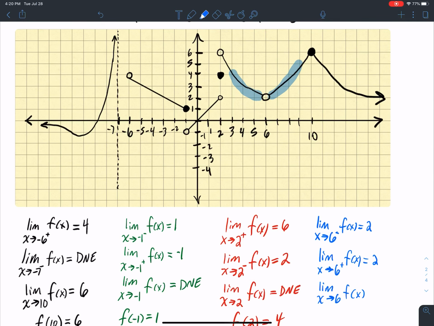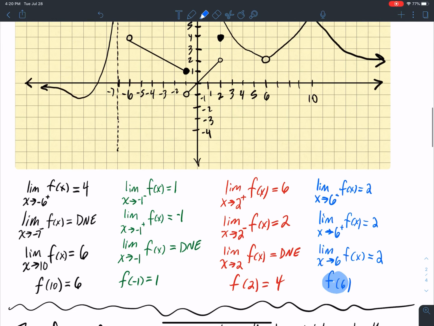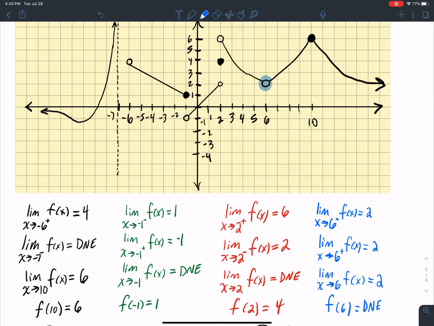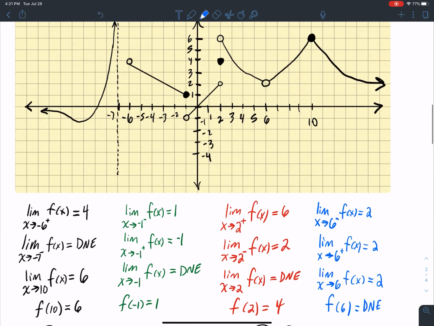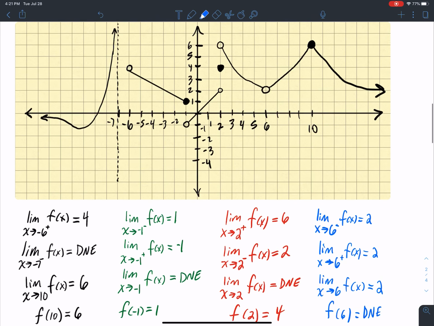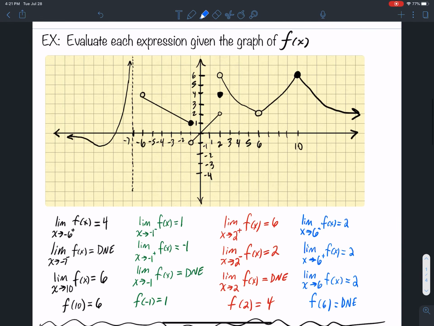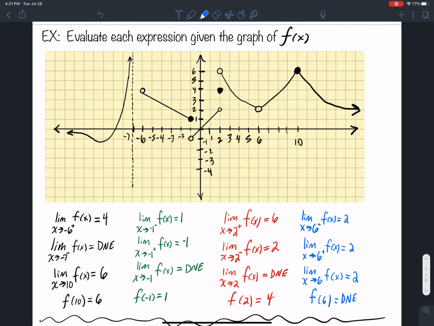So the limit, your fingers meet up, therefore the limit does exist and the limit is equal to 2. However, if I plug in 6 here into my function, that is going to be undefined. It does not exist. Okay, so there's just a hole there. So that kind of gives you a little bit of a summary. I'm going to back out so you can see the whole thing in one shot. But there you go.